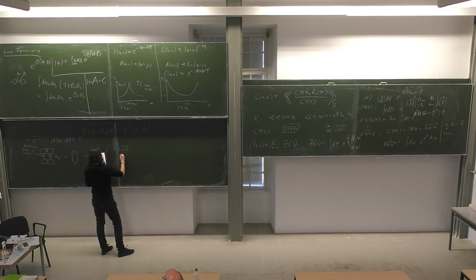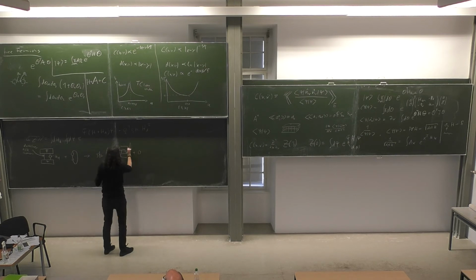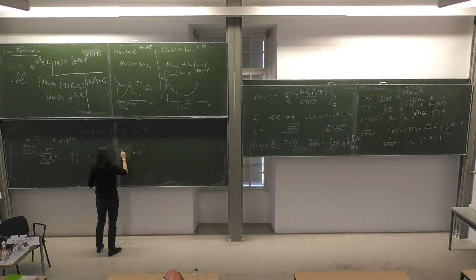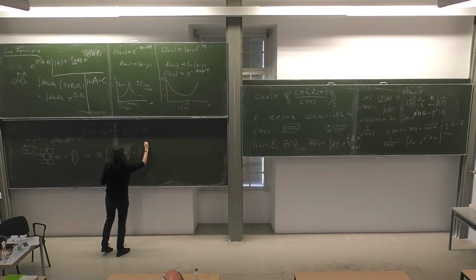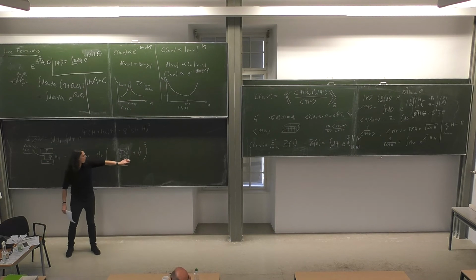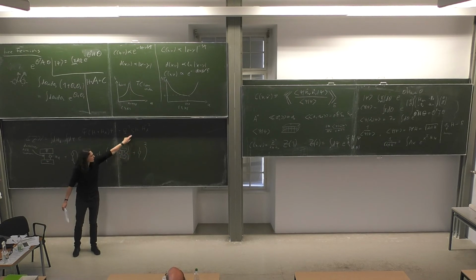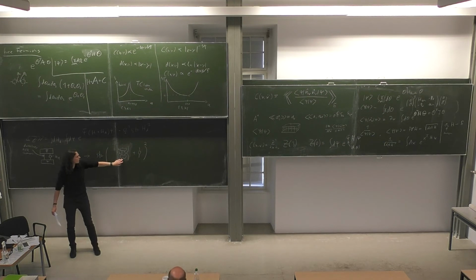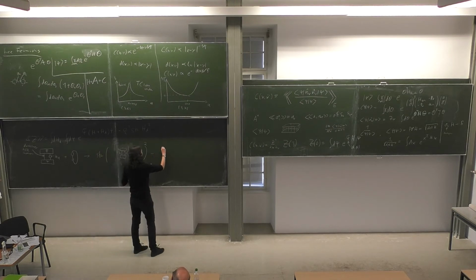We take our bra and ket layer, and take the trace of these two squared. If we measure this, we get the trace of the disorder part, and we get the coupling of the psi to the disorder Hamiltonian, but we also get a quartic term. So we need to subtract this quartic term.